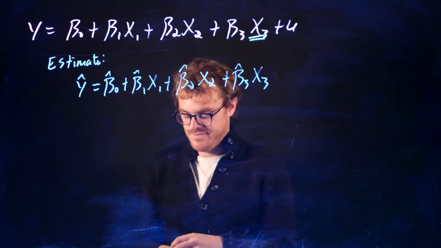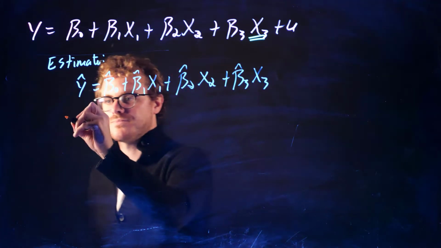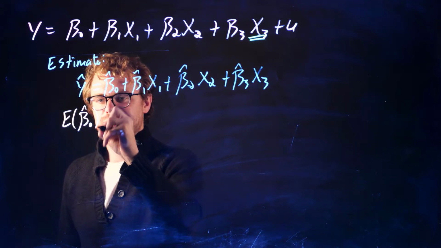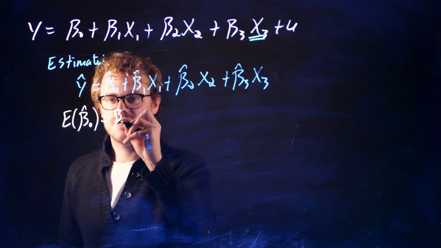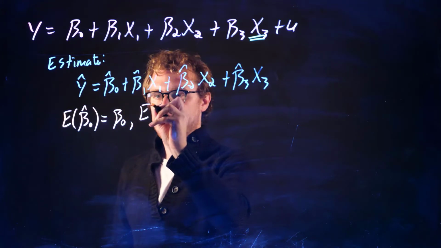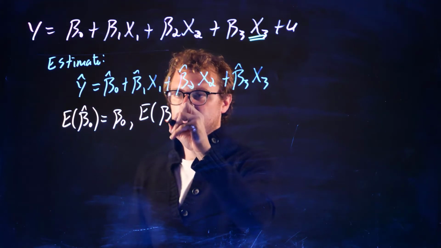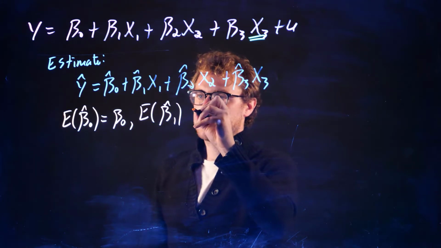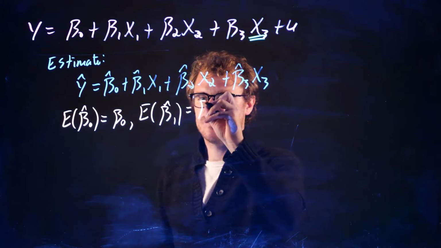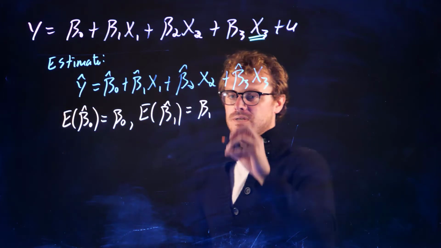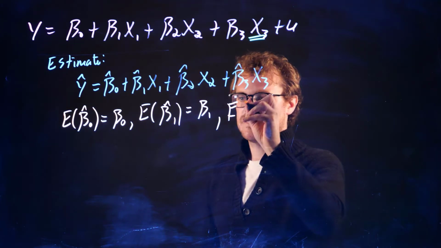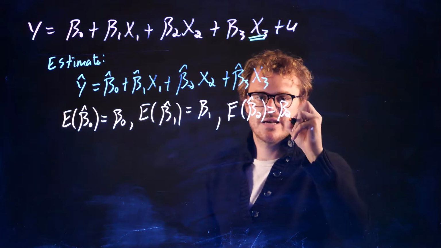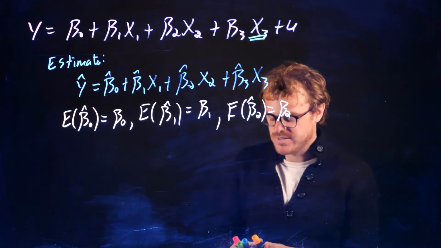In terms of unbiasedness, the expectation of beta hat 0 is equal to the true value, and same with our x1 and x2, the partial effects of those. The expectation of beta hat 1 is going to be equal to the true value, and the expectation of beta hat 2 is going to be equal to the true ceteris paribus effect of x2.